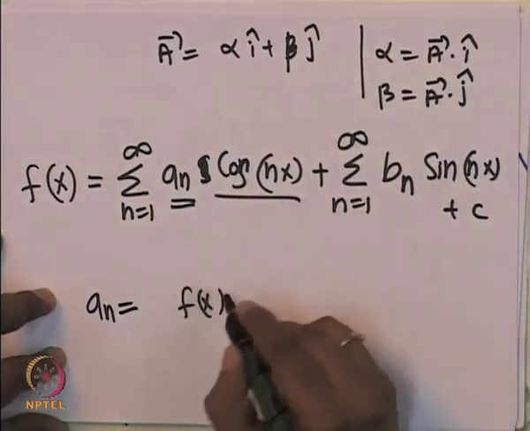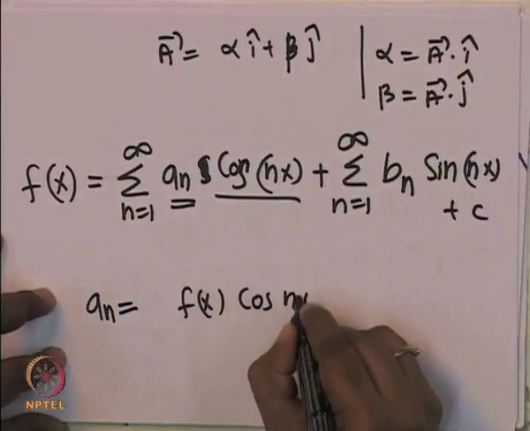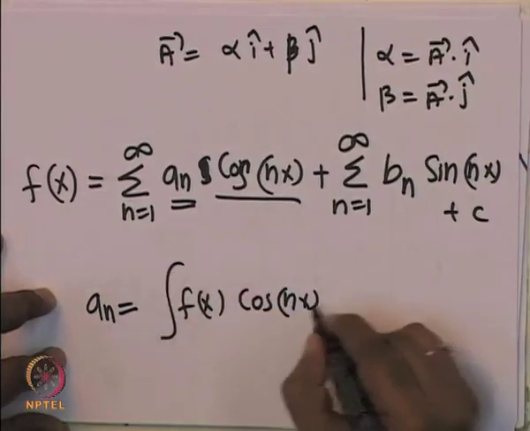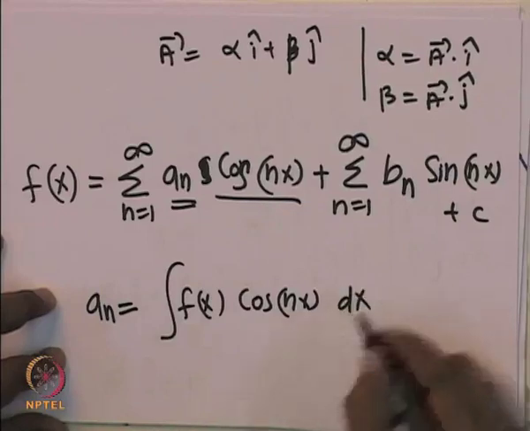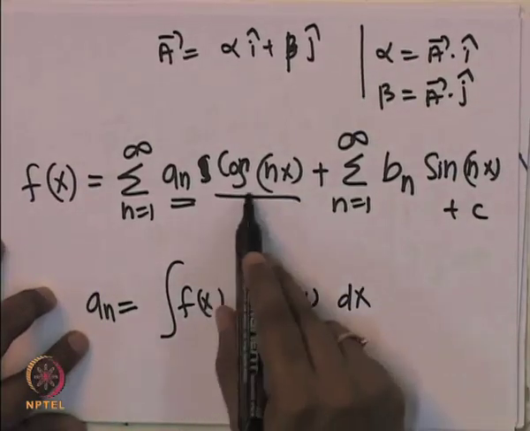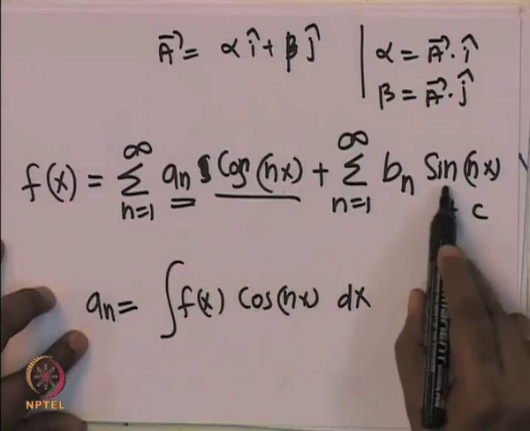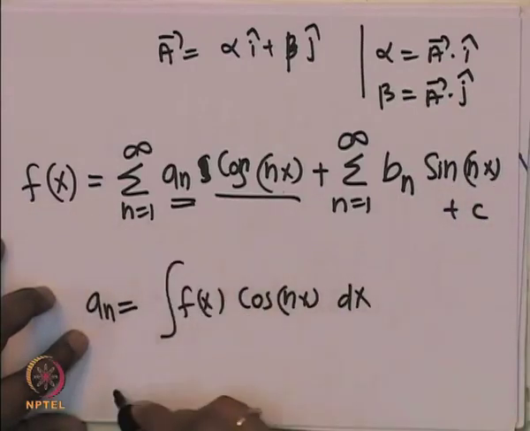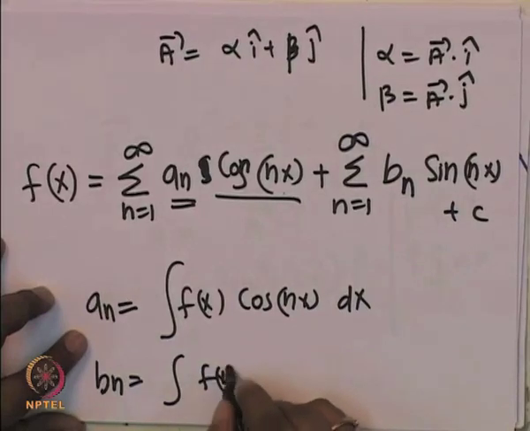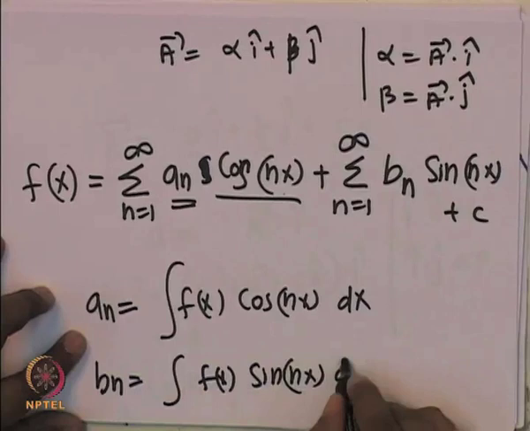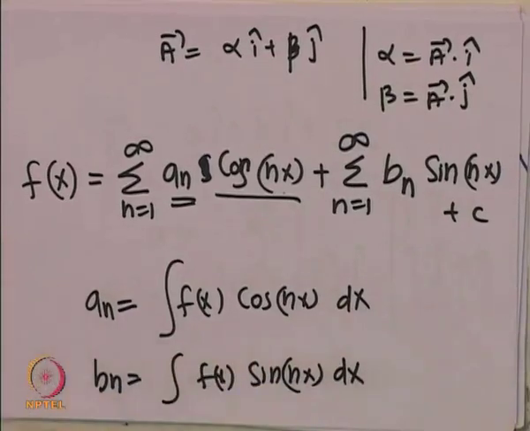Similarly, you multiply with cos and integrate, and you get a. Similarly, you multiply with sin and integrate, and you get b. So, the way of finding a and b are like this.